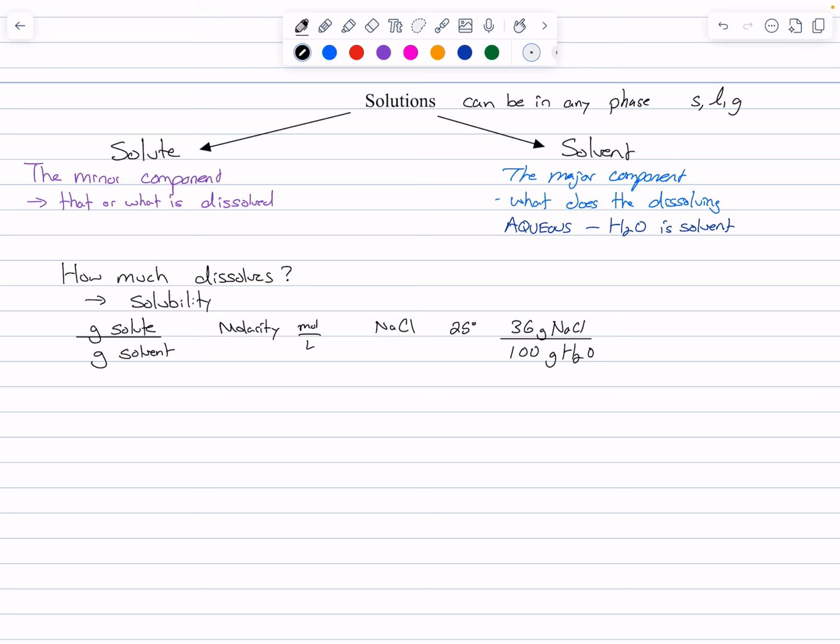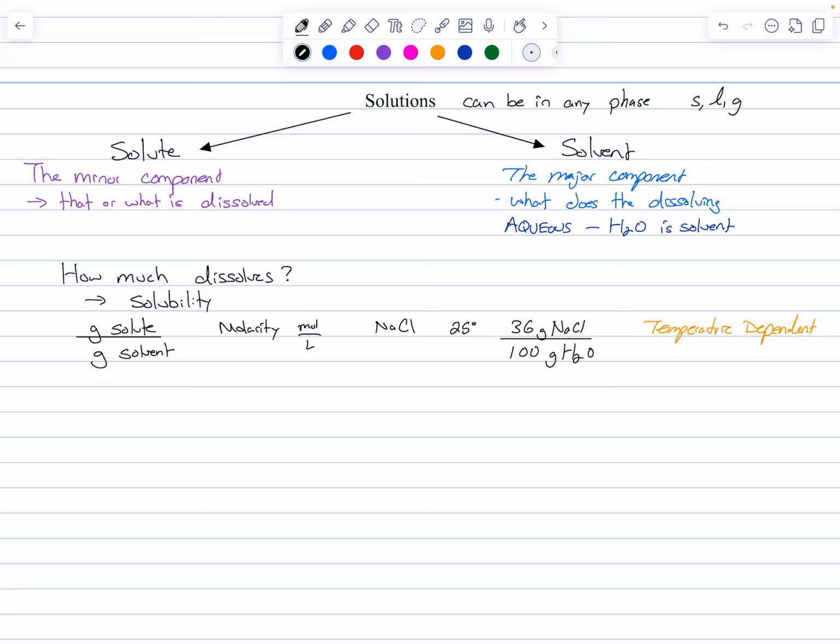So as you can see, this is temperature dependent. All right, and you guys know it's temperature dependent. I live in the South and they like their sweet tea. Well, you can put a lot more sugar in hot tea than you can cold tea. So they make their sweet tea hot and they cool it down, and there you go. If you like sweet tea.